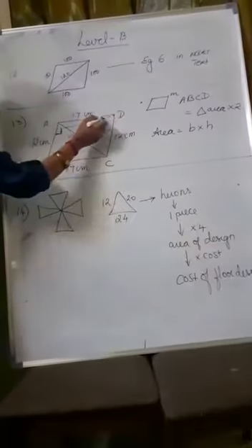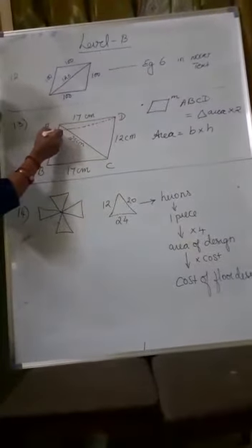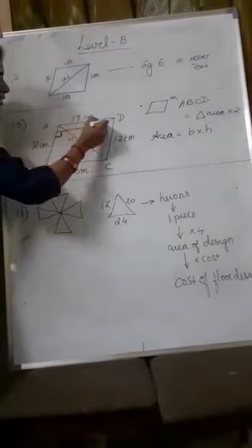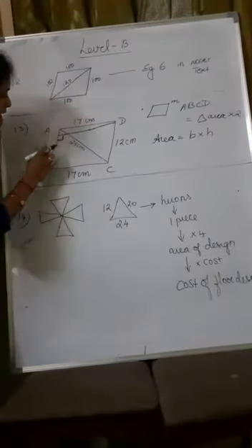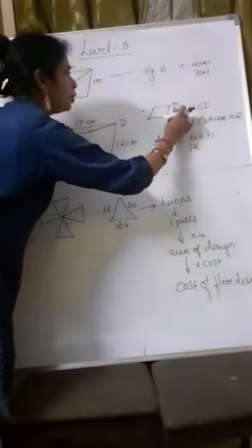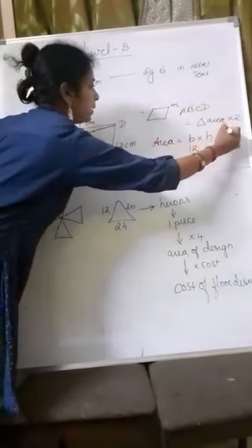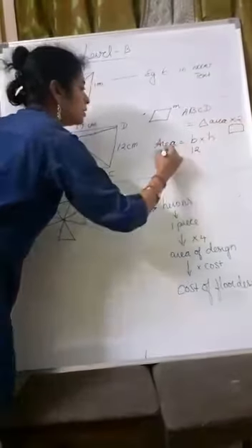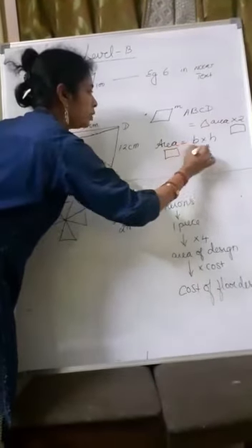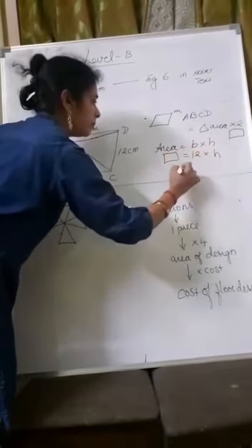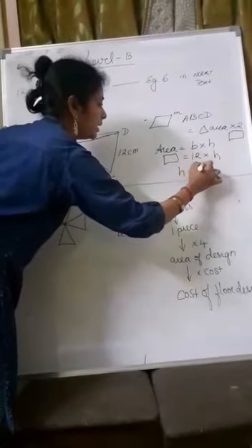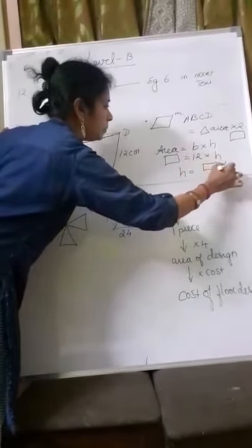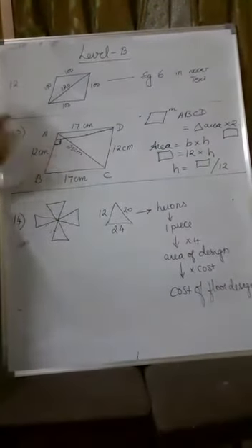So, when a height is drawn from here, can you see what the base is for that? 12 is the base. Already you will find the area. So that area is equal to 12 into height. From this, height will be this area divided by 12.